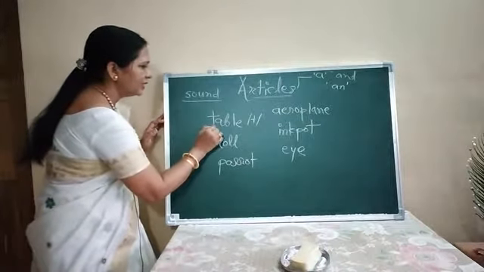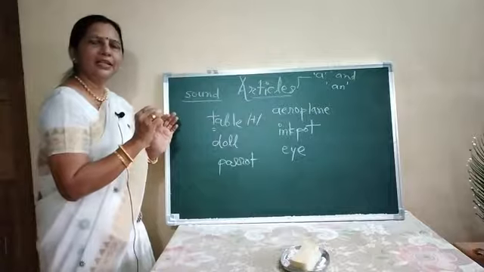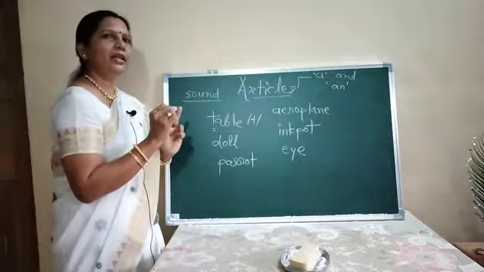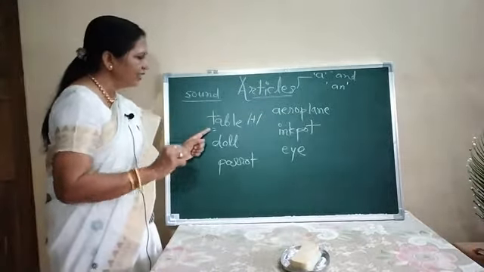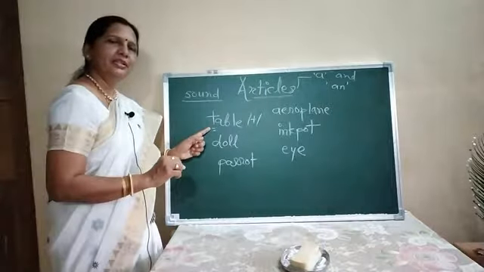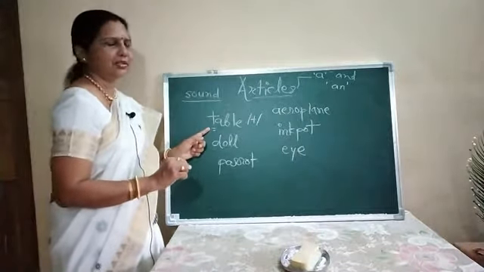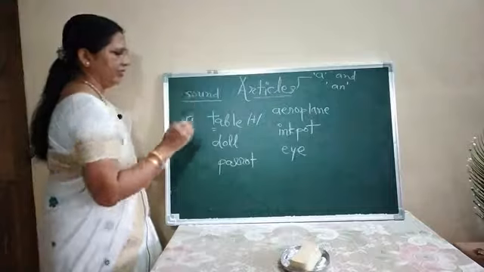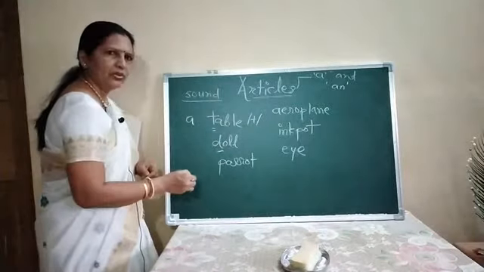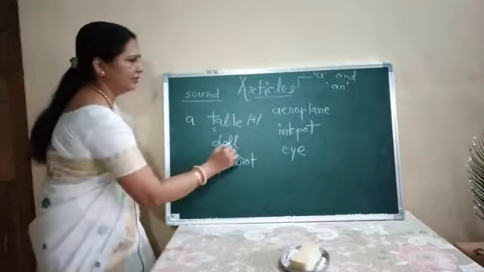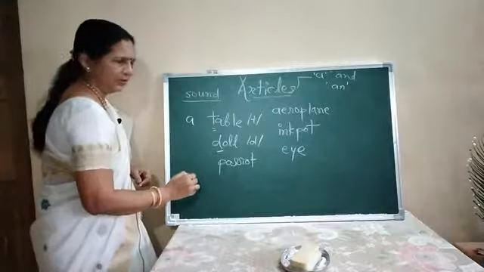So, this th, is it a consonant or a vowel? It is a consonant. Consonant sound. So, a thing. This, doll, the sound is the sound.